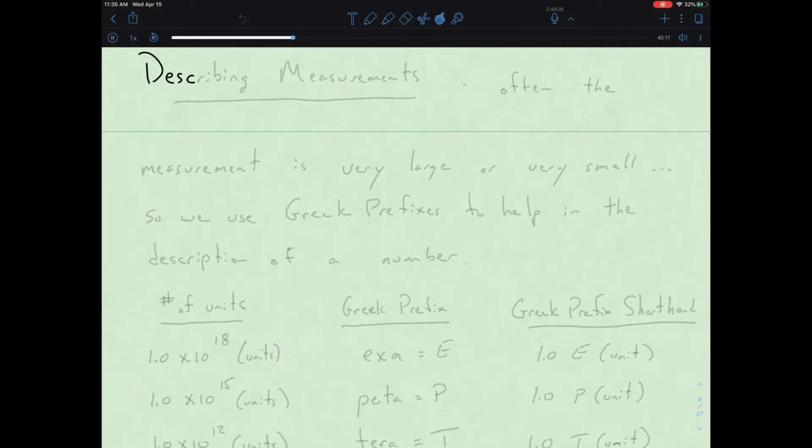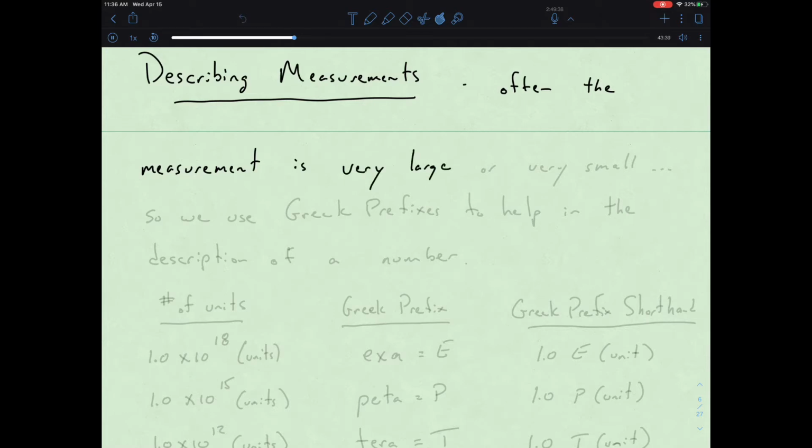Now, when we get into describing measurements, we find that often the measurement is very large or very small.